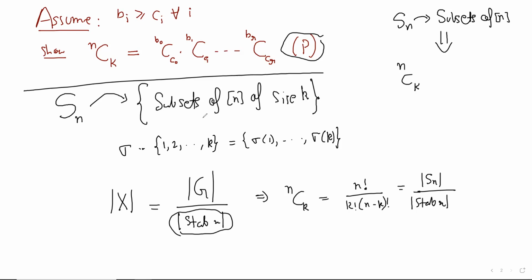You may even consider a different action, or you may partition this somehow. But you have to get that kind of thing, the orbits. You may even consider a different action because the number of orbits do not change.